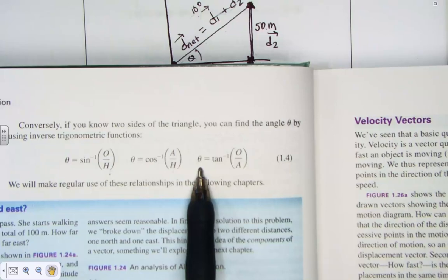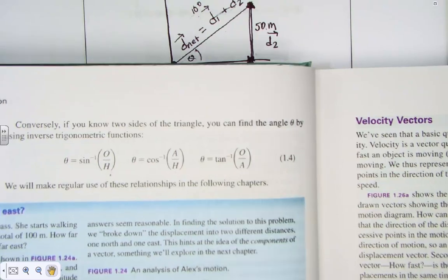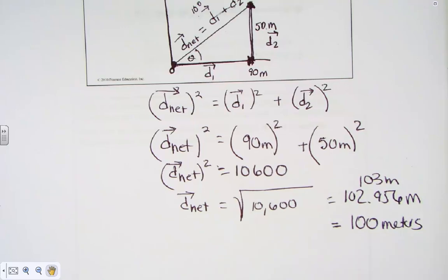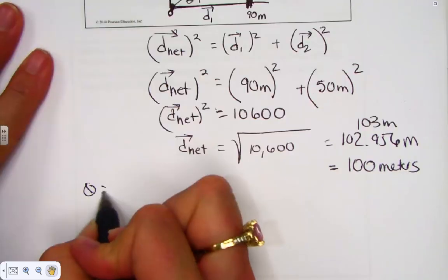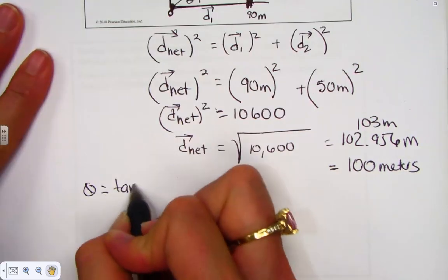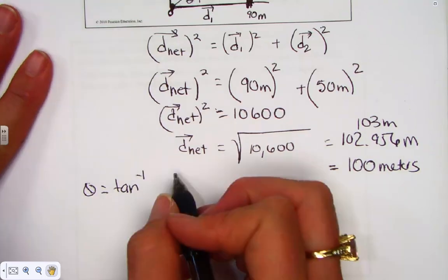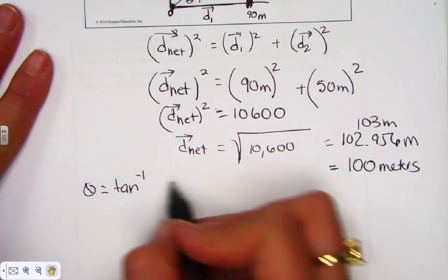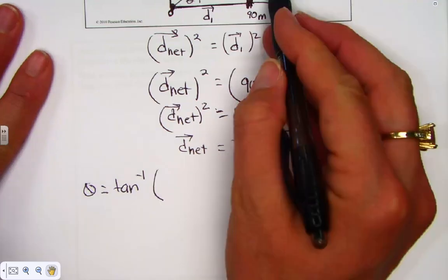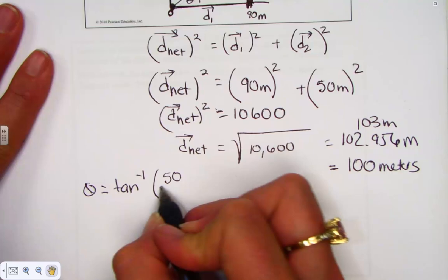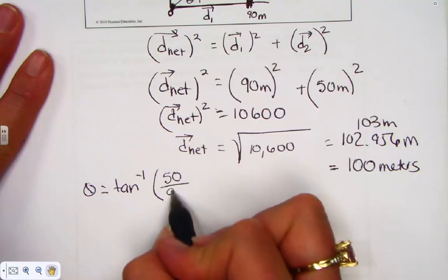So to find theta, inverse tangent of opposite over adjacent. Theta can be found by taking the inverse of tangent, of opposite, 50 meters, over adjacent, 90 meters.